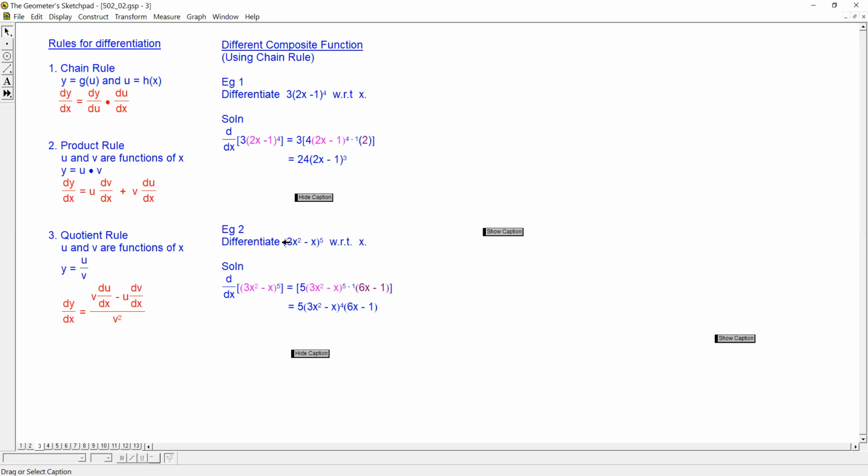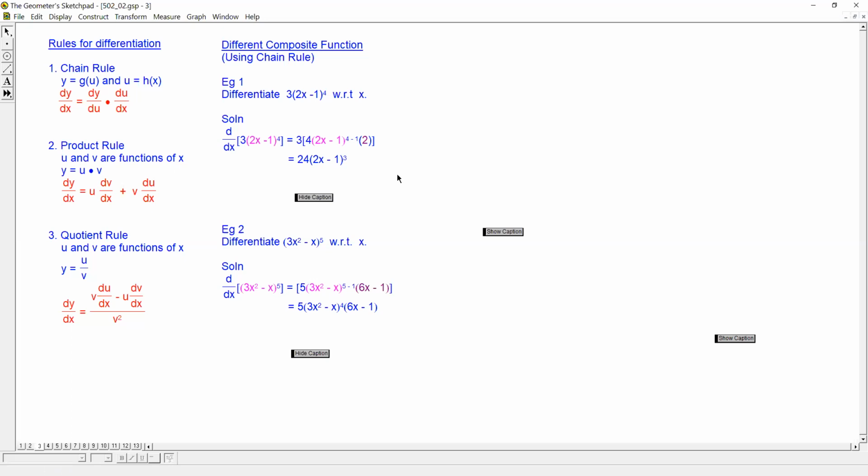Now I'm going to differentiate this. Now I ask you, first of all, is this a composite function? Does this need to use the chain rule? What is the condition for using the chain rule? Have a bracket and a power raised. Correct.